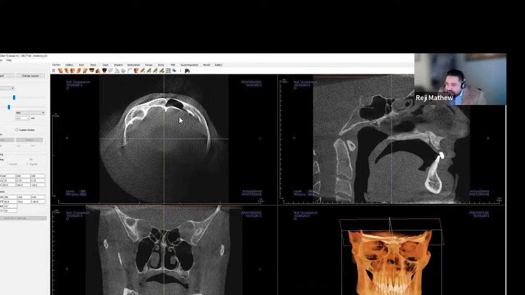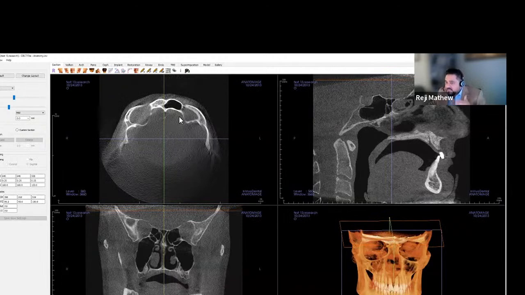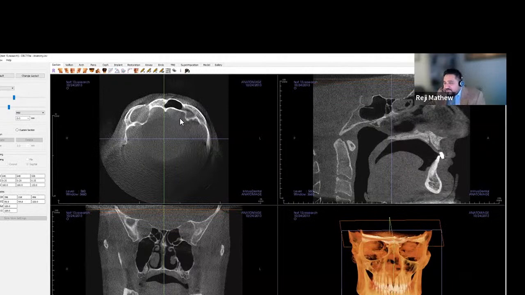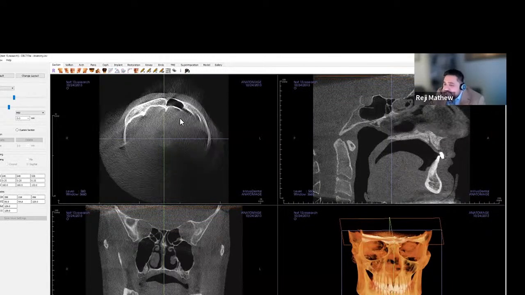If you are very new to CBCT and just trying to learn, I would encourage you to keep a pen and paper next to you and scroll through each slice. Now the goal is to learn the anatomy. Like I said, you have to know the anatomy to make a diagnosis.